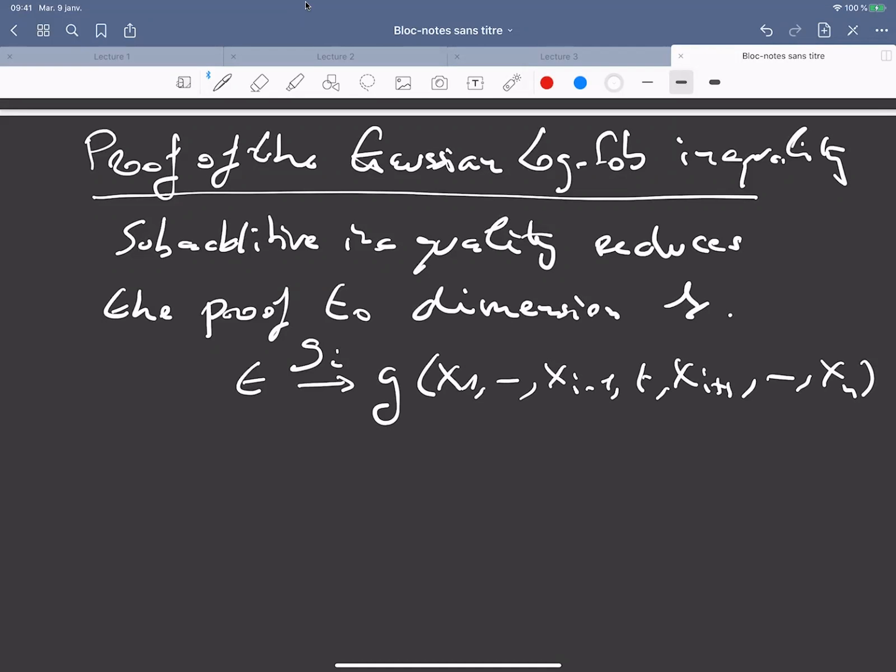So you use the subadditive inequality on the left-hand side, and on the right-hand side, you use the additive structure of the norm square of the gradient. So you have to prove the result in dimension 1.